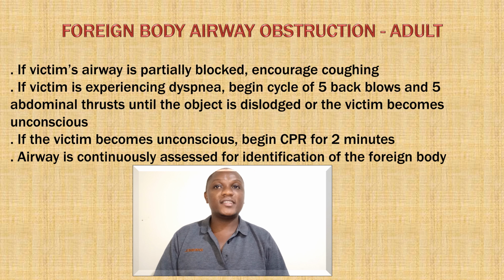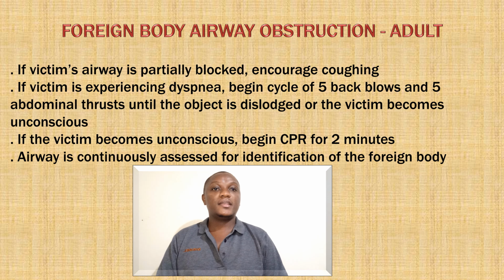Now let us look at foreign body airway obstruction for an adult. If the victim's airway is partially blocked, encourage coughing. If the victim is experiencing dyspnea, begin a cycle of 5 back blows and 5 abdominal thrusts, until the object is dislodged or the victim becomes unconscious.